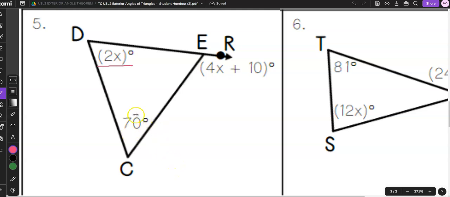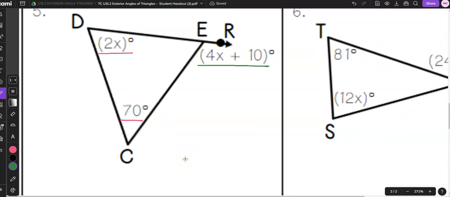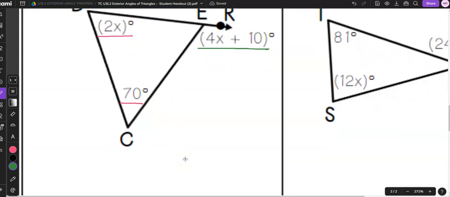So 2x and 70 are the remote interior angles for the exterior angle 4x plus 10. The two pink ones equal the green one. So pink plus pink equals green, right?